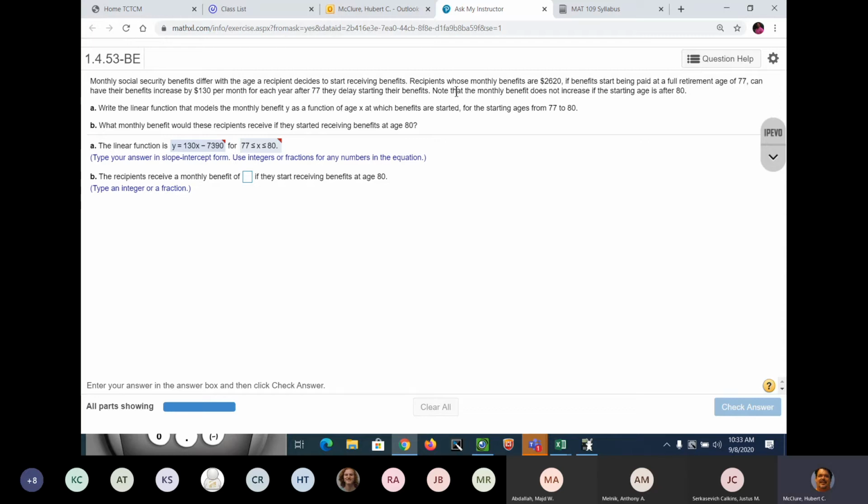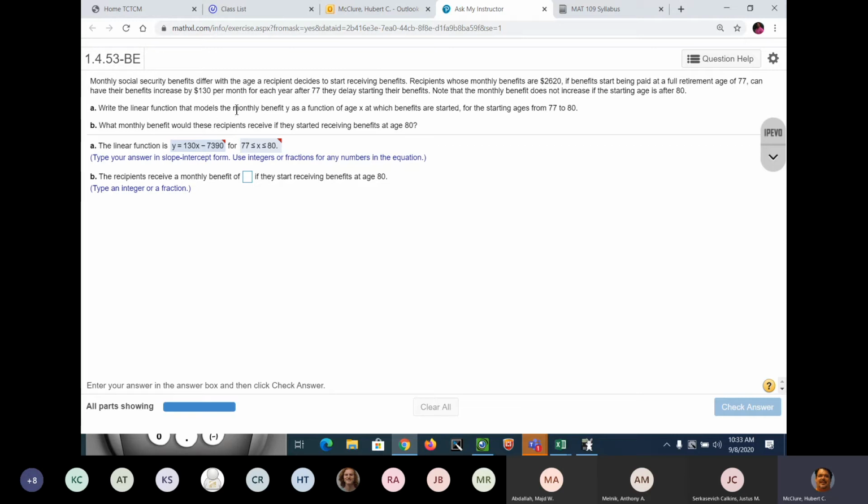I'm looking, hold on. Monthly Social Security benefits differ with age, start receiving benefits. Recipients whose monthly benefits are 2620. I don't know necessarily how they get in that.